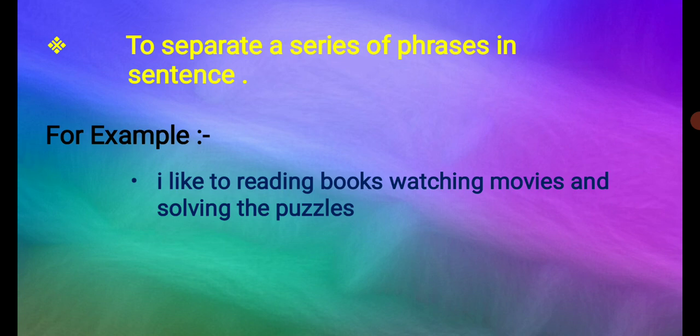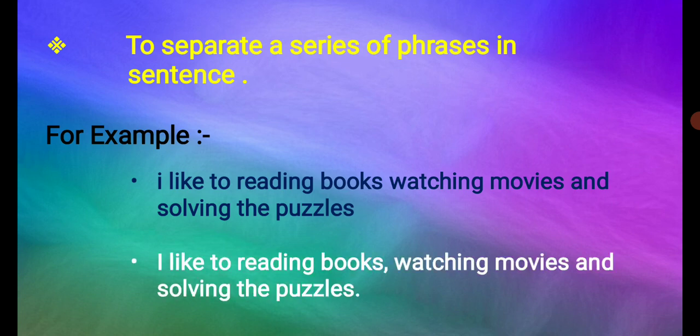Then watching movies, and then will we put comma? No. Why? Because and is there. So we cannot put comma. Only one comma is there after reading books, and then after the sentence we will put full stop. So I like reading books, comma, watching movies and solving puzzles. So this is the second rule of the comma.